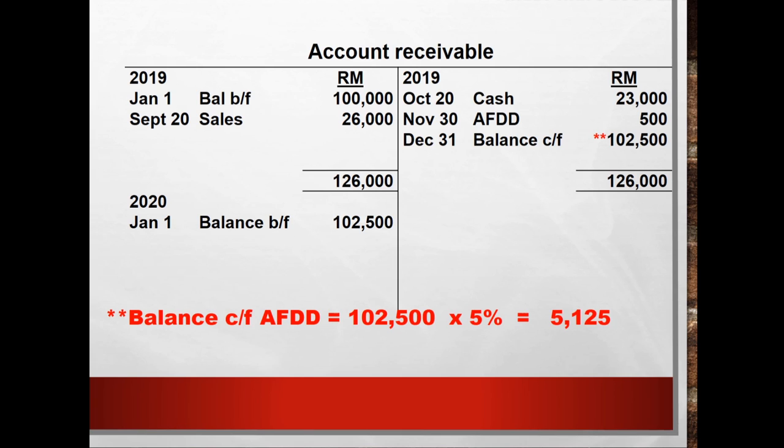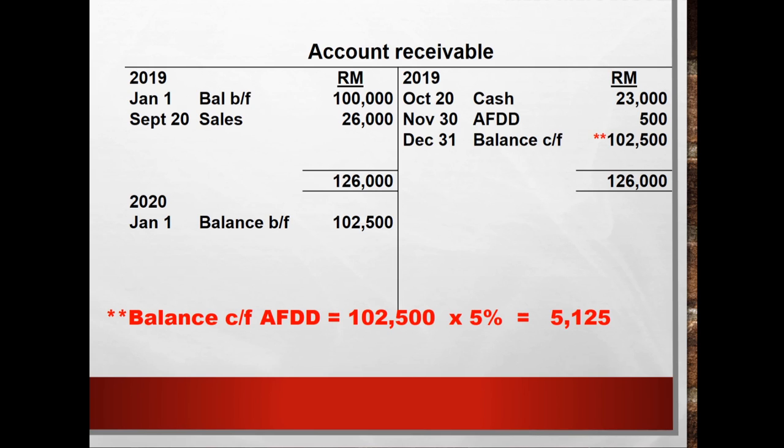So credit accounts receivable with the amount 23,000. And on 30th November, write off accounts receivable, and we must use the allowance for doubtful debts method: debit AFDD and credit accounts receivable.